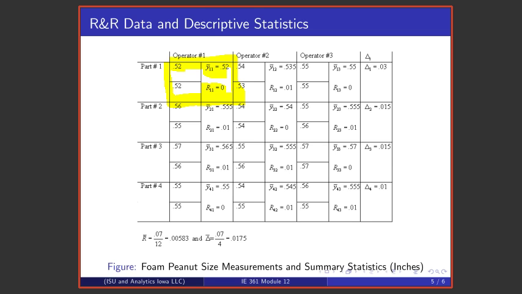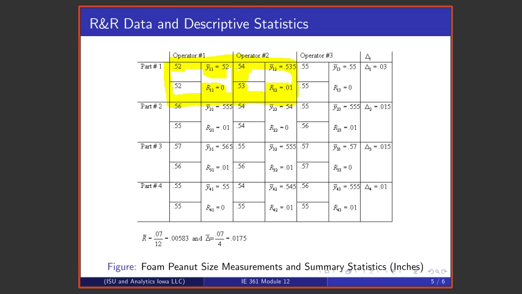On the other hand, if one was to change cells and perhaps look at operator 2 on part number 1, now for operator 2 on part number 1, the two measurements made by that operator are not identical. They're 0.54 and 0.53, and their range is not zero.